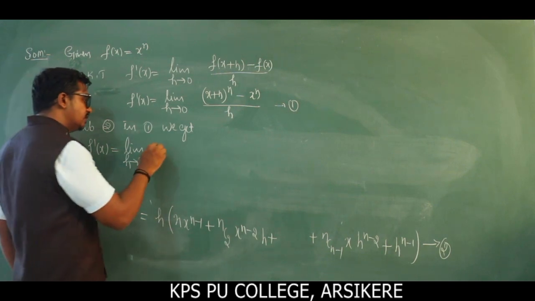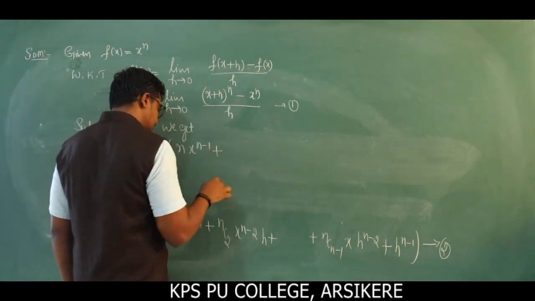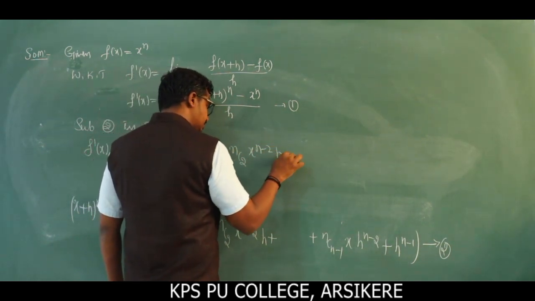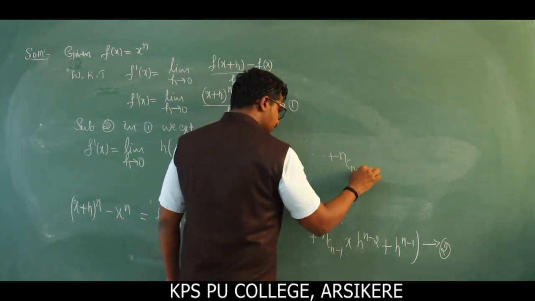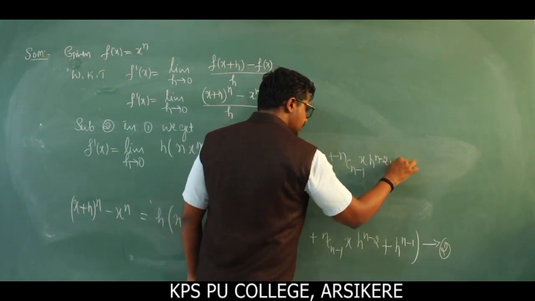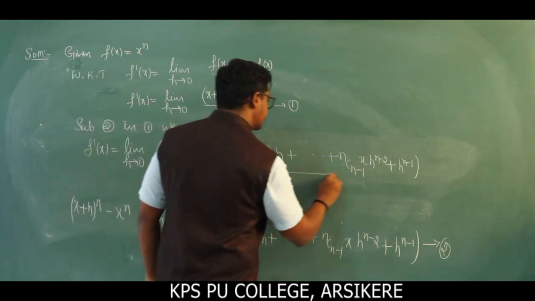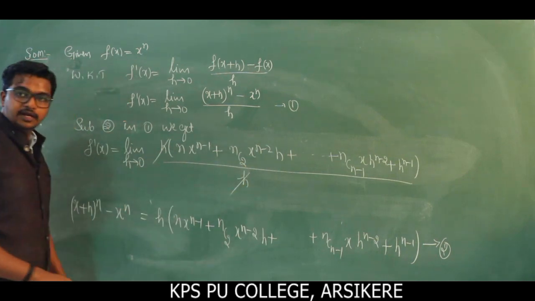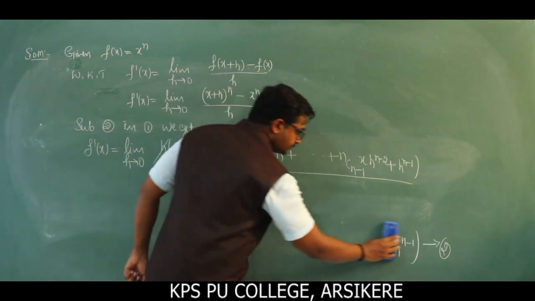We have this expression, h into n into x power n minus 1 plus nC2 x power n minus 2 into h plus and so on plus nC(n minus 1) x into h power n minus 2 plus h power n minus 1, whole divided by h. This h and this h get cancelled. In numerator we have h and denominator we have h, so they get cancelled.